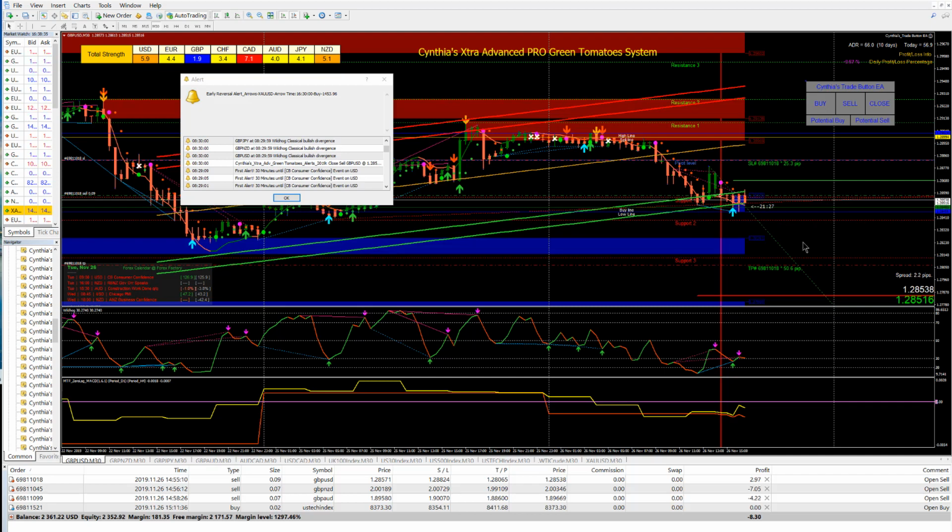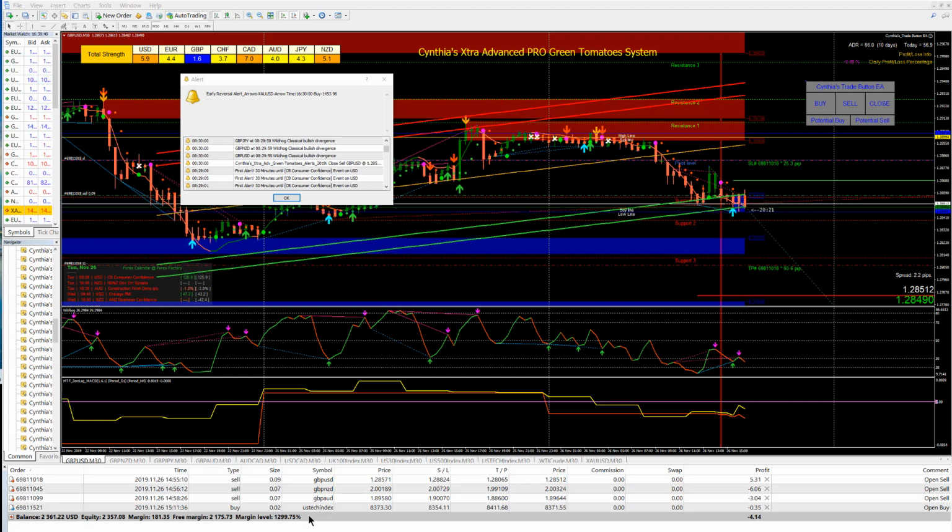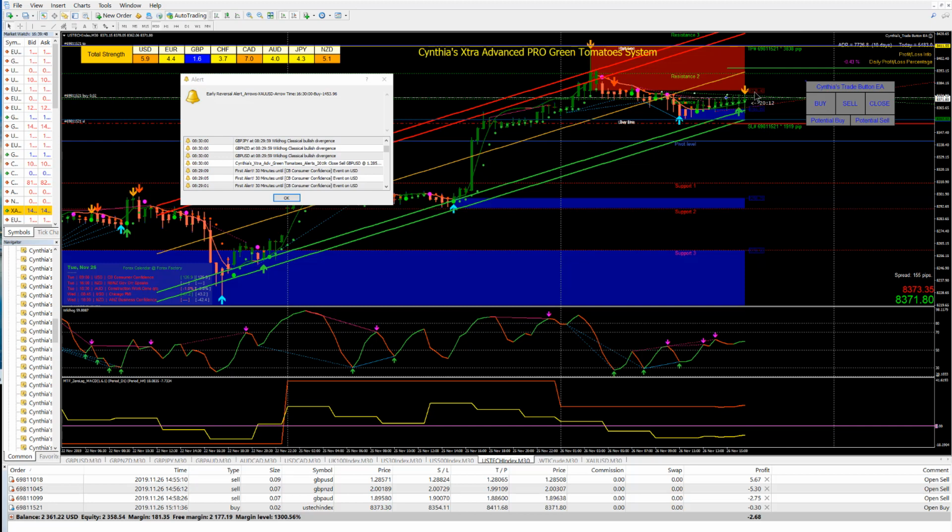Okay, even though my US 500 trade got stopped out, my US tech trade is still in the game. So we have the reversal arrow, and I'm in a tiny little bit of a loss.